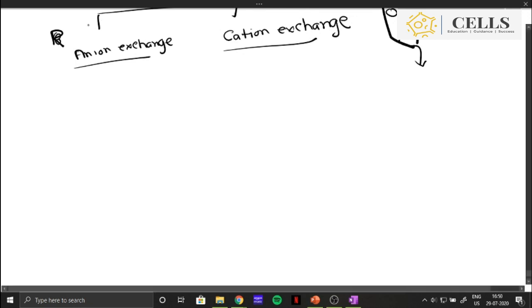Ion exchange chromatography, the first thing you can use it for is charged compounds. Next, you can use it for polar compounds as well, suppose polar amino acids.